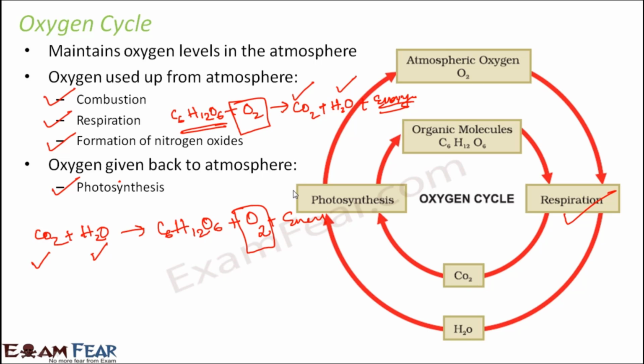That is, they combine to form glucose and oxygen. So it is as simple as that. The result of photosynthesis is C6H12O6, which is glucose, and this glucose is the reactant for respiration. So these two processes, photosynthesis and respiration, themselves explain the entire oxygen cycle.